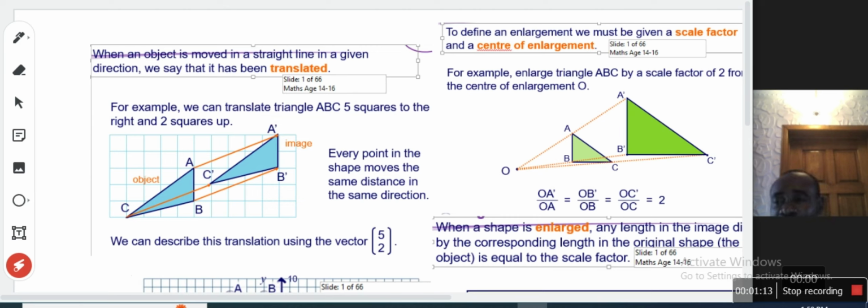And then you have rotation, which is to turn it around, at about 90 degrees or 270 or 180. And then we have, I mentioned translation, enlargement, rotation. Then there's mirror reflection. Reflection is just to get an image of something. Like when you look at yourself in a mirror, your image is your reflection.